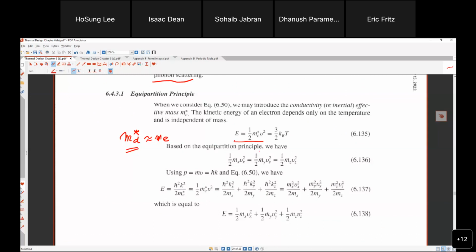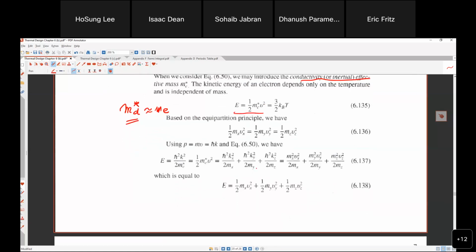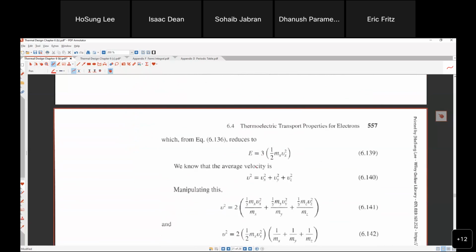But for the mass of the actually moving electron, let's say m_c, conductive, okay. I'm not going to go into detail.